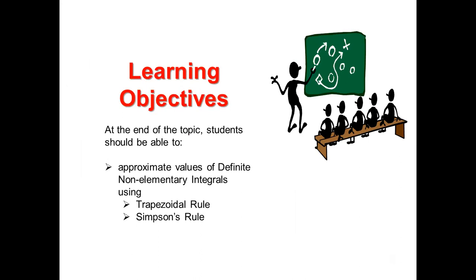So these are our learning objectives: approximate value of definite, take note, non-elementary integrals. And we have only two methods to learn here. The first one is the trapezoidal rule, and the second one is the Simpson's rule.